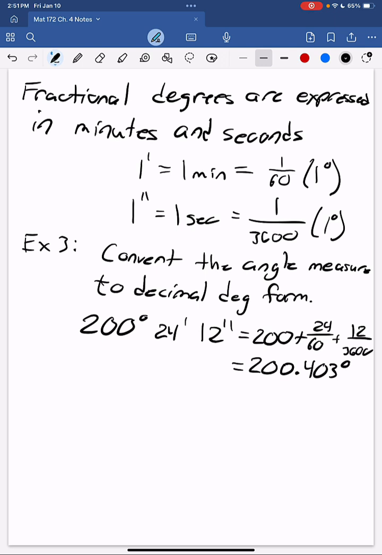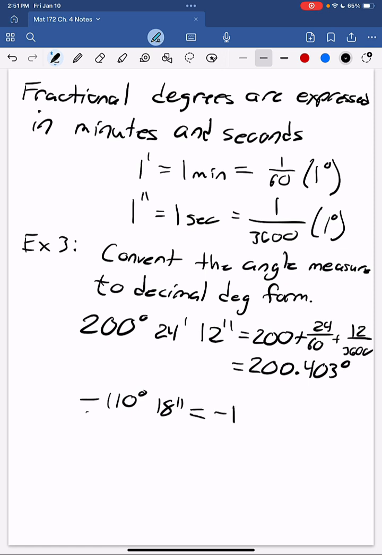That would be an example of how to convert angle measures to decimal degree forms. Now, if the angle is negative, so it went in a clockwise direction, let's say we have a negative angle of 110 degrees and then 18 seconds. The thing I want to show you with this being negative is that this angle lies between negative 110 degrees and negative 111 degrees. So I don't want to add here because it's negative.